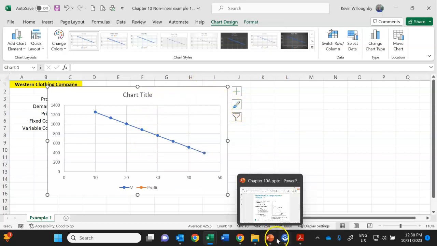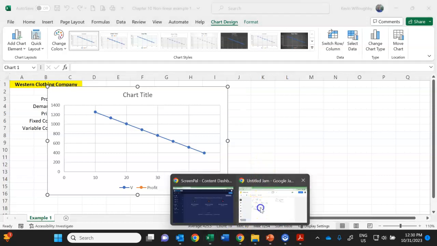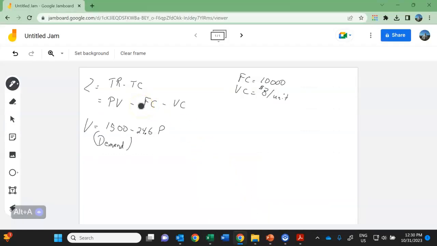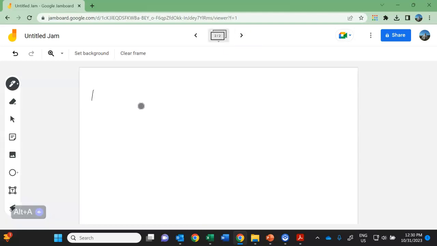Let's go back to our whiteboard here. We can write this equation, looking at this equation right here. Our profit is going to be price times our volume, so let's put that up here again.